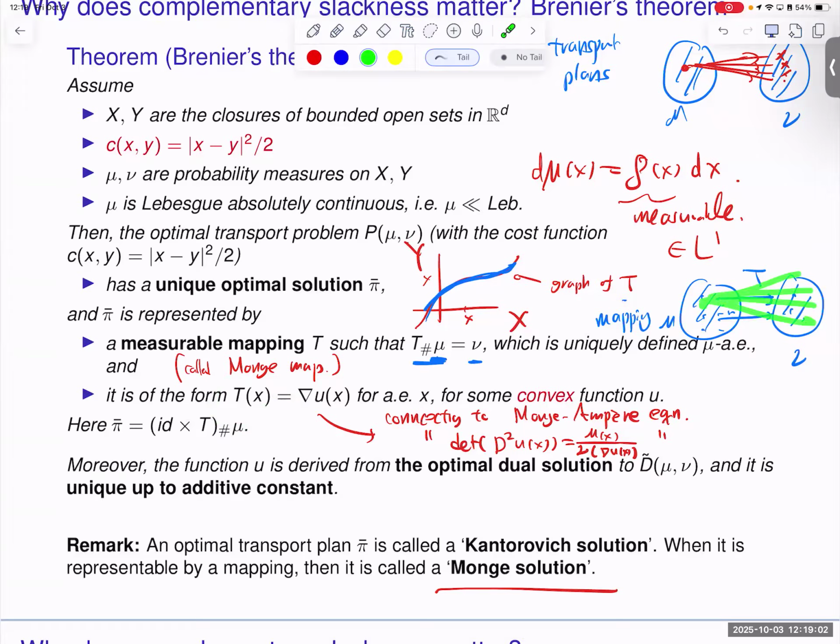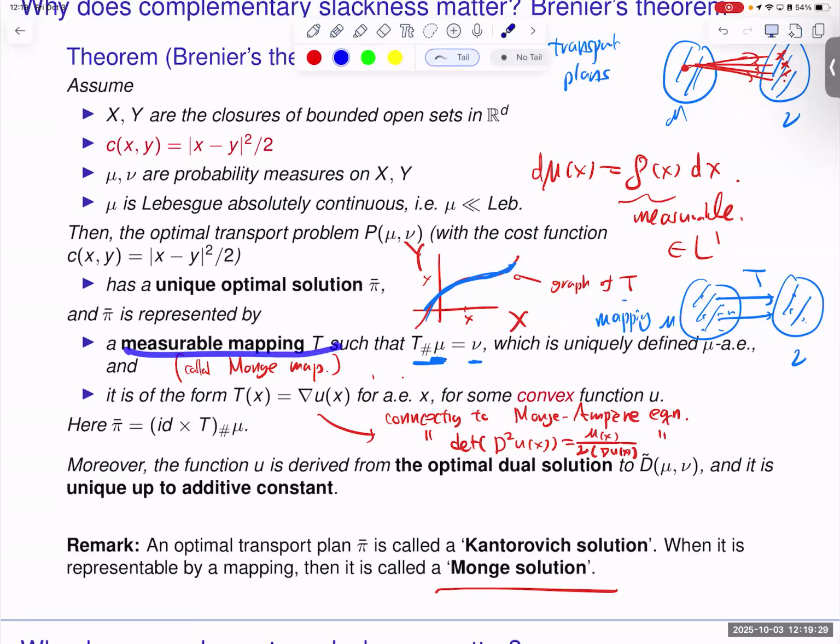It may send a point to several locations, but such a thing happens only when that point doesn't carry any mass. So that's why I say it's a mapping. I should be more careful: it should be for mu-almost every x. In fact, in this case it's almost every x in the Lebesgue sense.